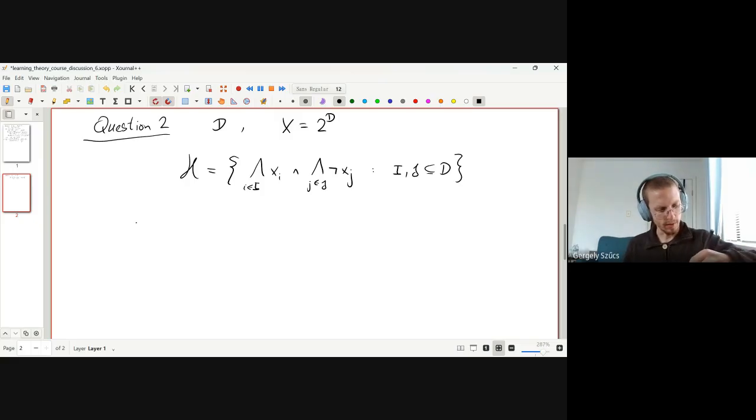And then part 1 was just showing that the size of this is less than or equal to 3 to the D plus 1.